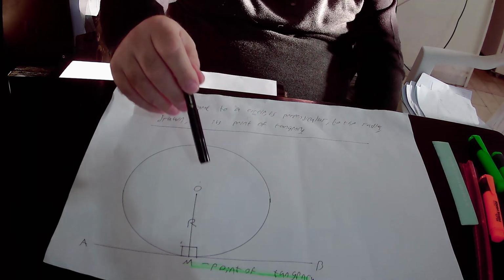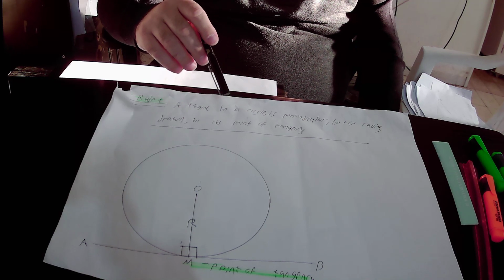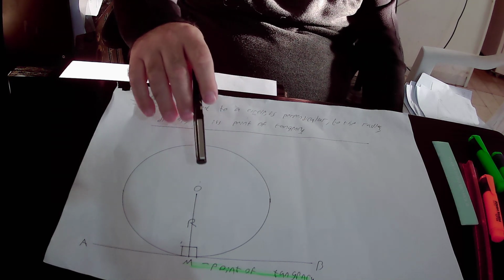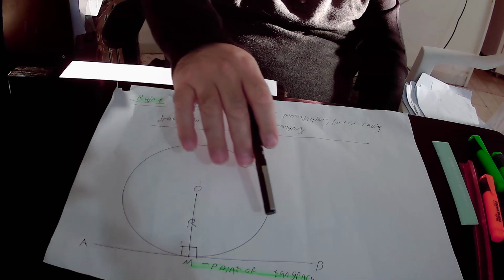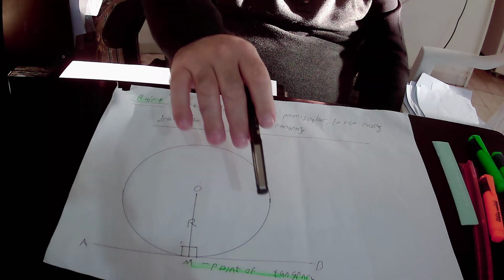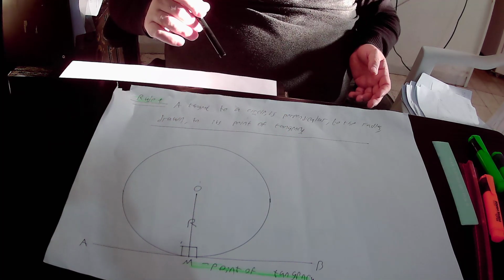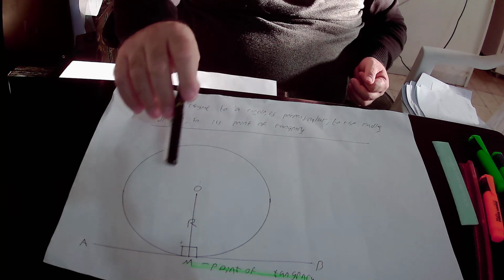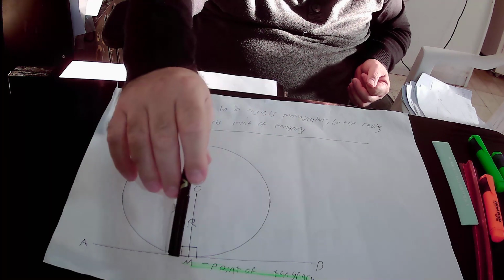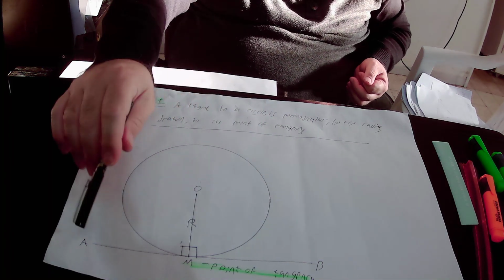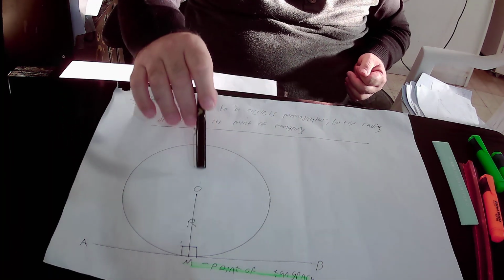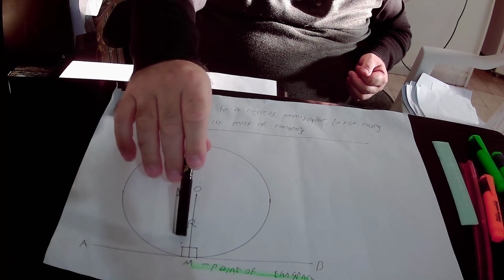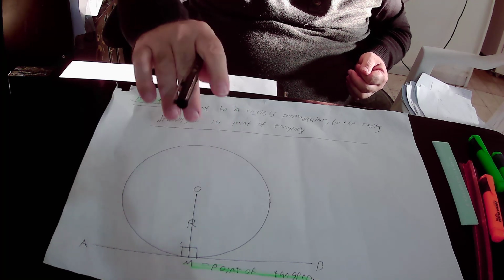And we have the radius OM that is drawn to the point of tangency. And whenever you have a radius drawn to the point of tangency, then tangent AB will be perpendicular to the radius MO. So if AB is perpendicular to MO, it means that this angle equals 90 degrees, and this angle will also be equal to 90 degrees.